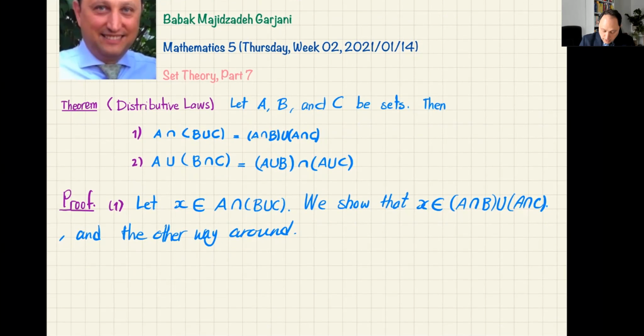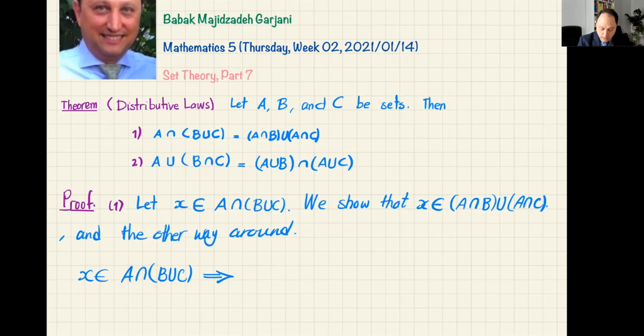Okay, now tell me, if I tell you that I found an element X inside this set, this implies what? You say that this X belongs to the intersection of this set and this set. So what does this mean?